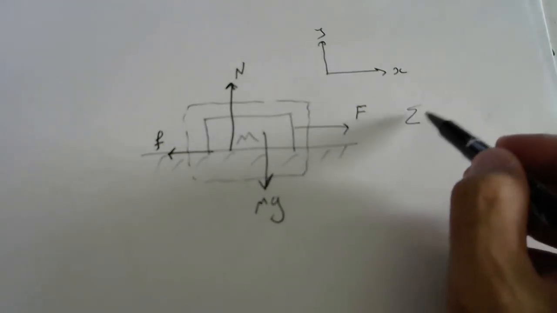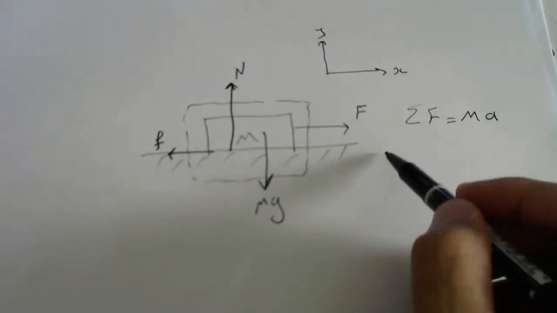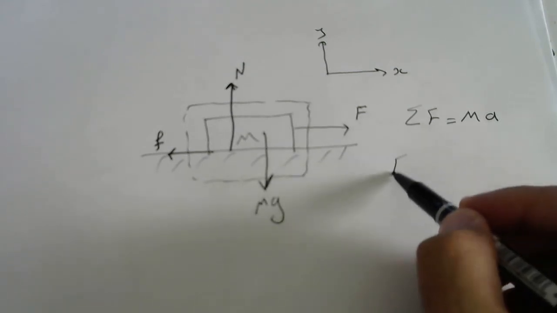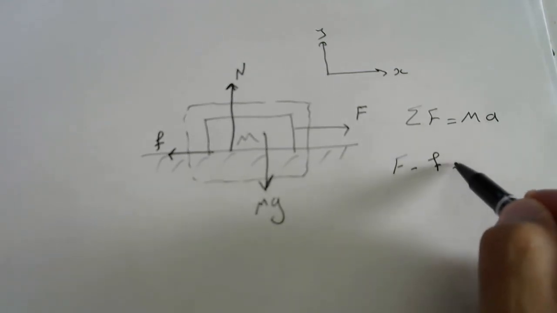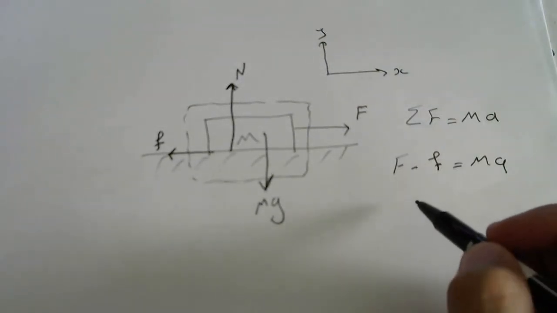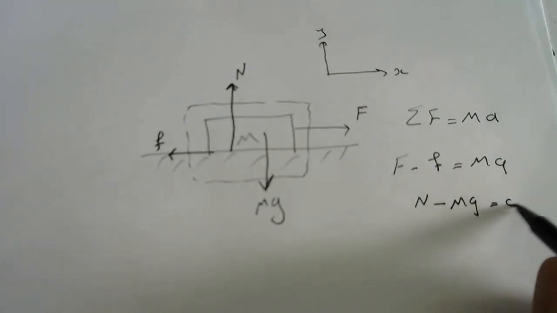If you apply Newton's second law, along the direction of motion you have F minus f equals ma. In the other direction it is balanced, so you have N minus mg equals 0.